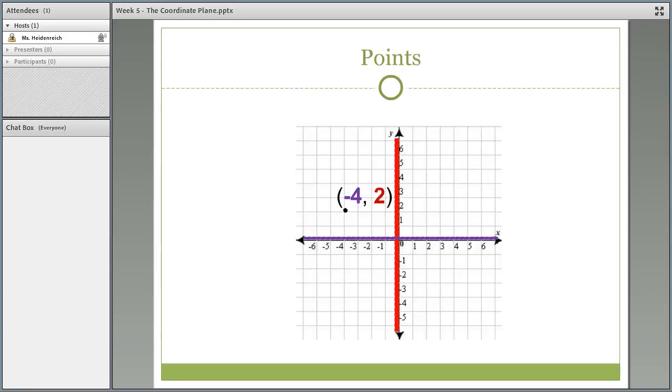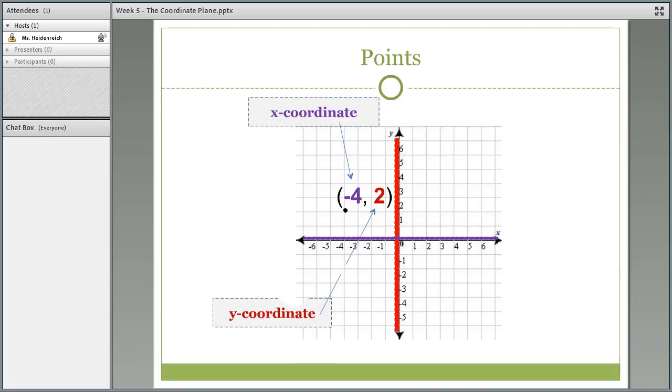I have an example of a point here. -4 is the first number in the ordered pair, so it is the x-coordinate, while 2 is the second number, and so that's the y-coordinate. So if you look at the number lines that make up the coordinate plane, the x-axis is purple, and if we go to -4, that is where we will have our x-coordinate.